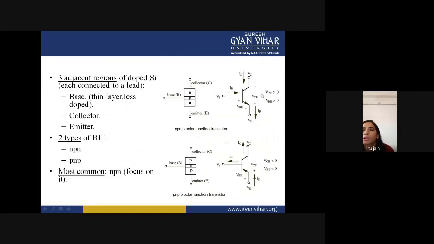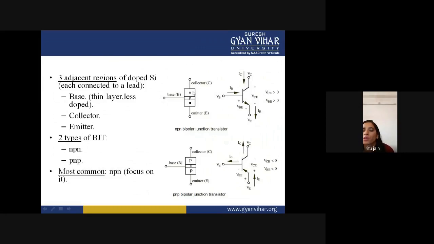And the symbol, you can see the difference between the symbols of these two, NPN and PNP transistors, by this arrow. In this case the arrow is in downward direction, in this case the arrow is in upward direction, which indicates that the direction of current in NPN transistor and PNP transistor is opposite.